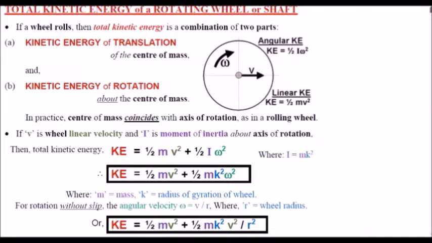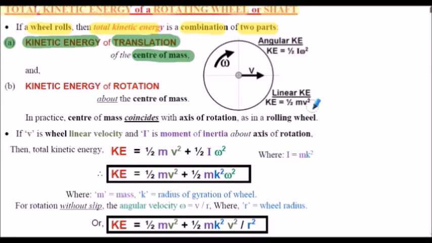So let's consider the total kinetic energy of a rotating wheel or disc or shaft. If a wheel rolls, then the total kinetic energy is a combination of two parts. Part A is the kinetic energy of translation of the center of the mass.